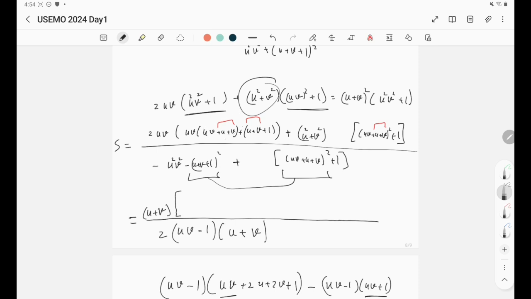So what exactly is that? First of all, here you have u plus v. What are you going to have from this u plus v? You're just going to have uv times it times another 2uv. So 2uv squared. Yeah, that's it. What about the other u plus v? It's just going to have plus 2uv. Nice.